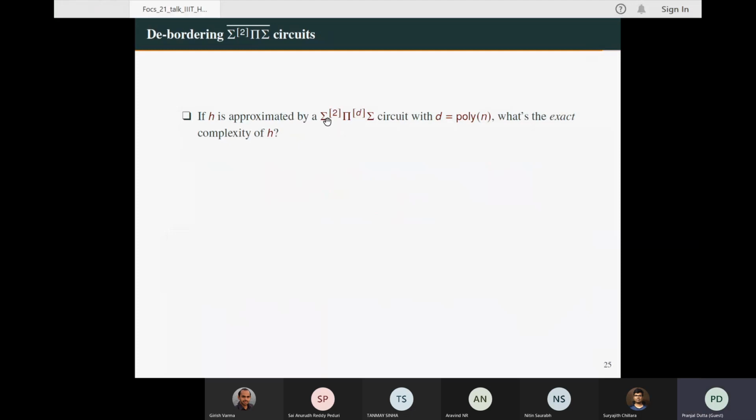That means I want to understand ΣΠΣ approximations, the ΣΠΣ bar, but with d polynomial in n. We want to understand only the case where the circuit size is polynomially bounded. I want to understand what the bar class of this is.